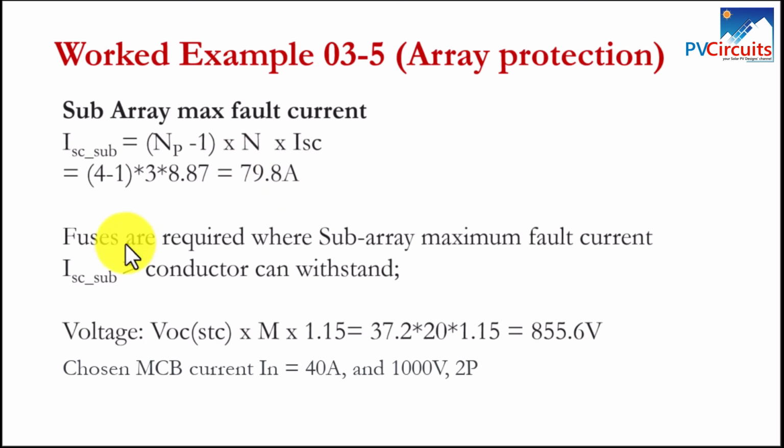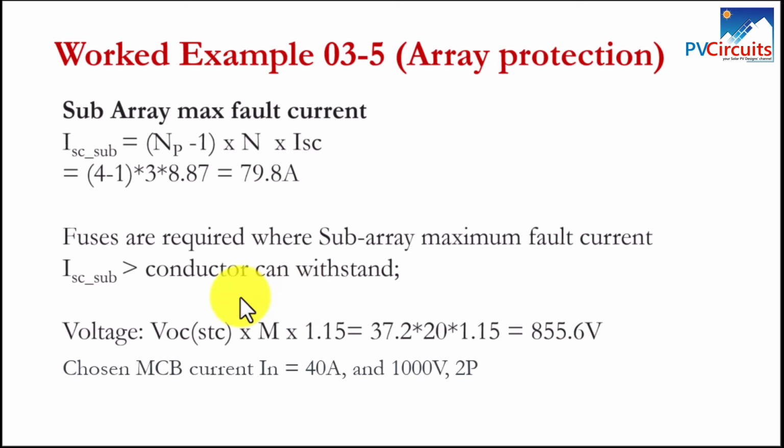It is stated that fuses are required where the sub-array maximum fault current is greater than the conductor can withstand. So in this case, we saw that our conductor was 44.35, or rather the rating for the conductor is 46 amps. So we must have a protection device which will be lower than the rating for the current carrying capacity of the conductor.